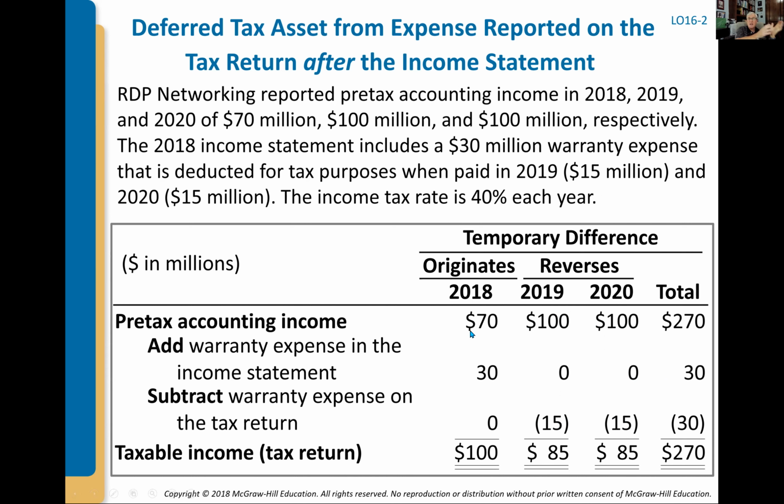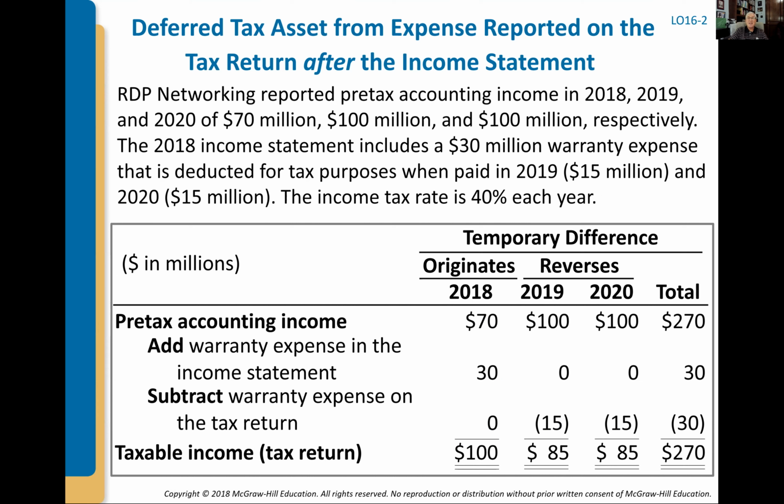We debit expense up front, and later we just reduce the warranty liability as claims come in. Not so for the tax return. They don't record a warranty liability. Tax base is 0. But later, when the claims come in, they'll record tax expense and reduce taxable income. So on the tax return, this 15 and 15 will come later. So in the very first year, book income is lower than taxable income.